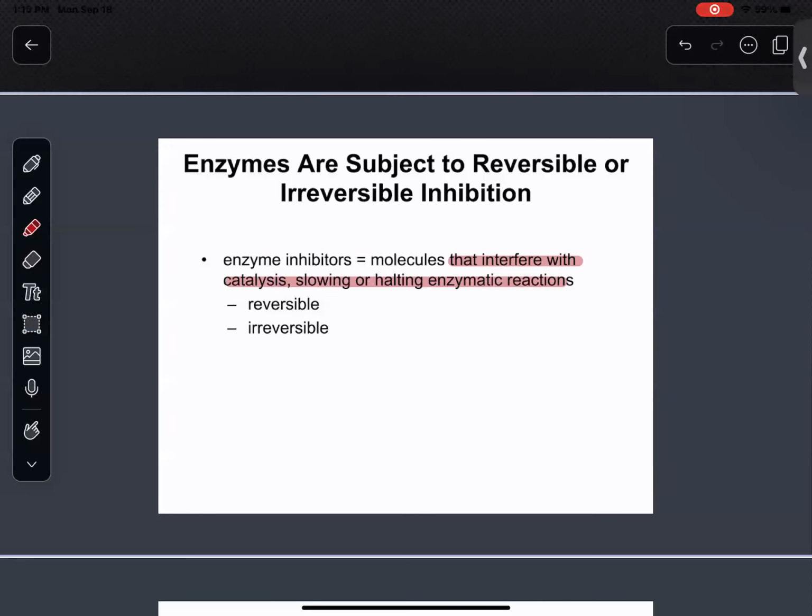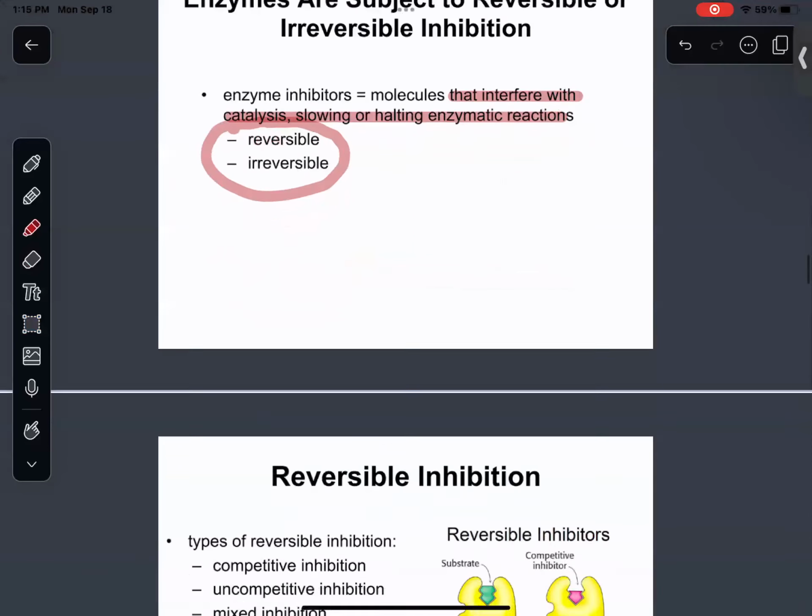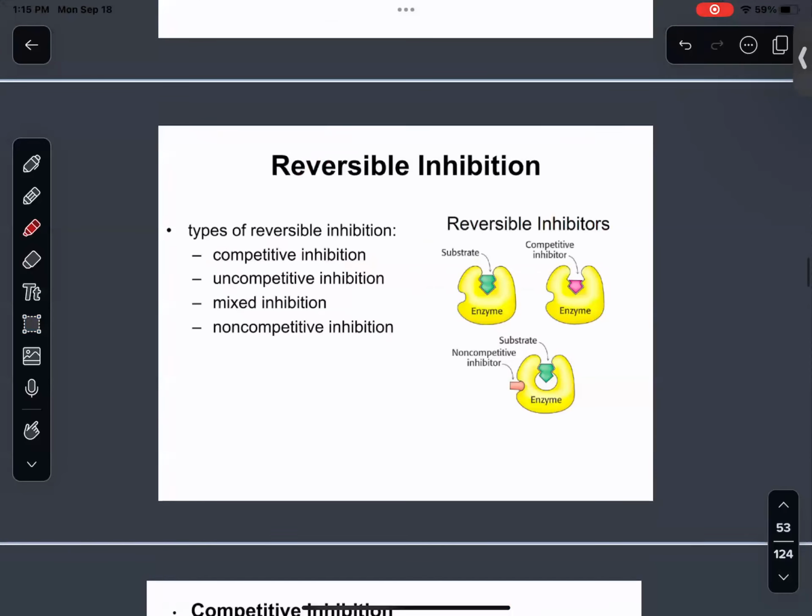Okay. So in the inhibitor category we have both reversible and irreversible inhibitors. We're going to go first through the different reversible inhibitors, and then through the irreversible. The term reversible is exactly what it sounds like. The effects of inhibition are transient. In other words, they're not permanent.